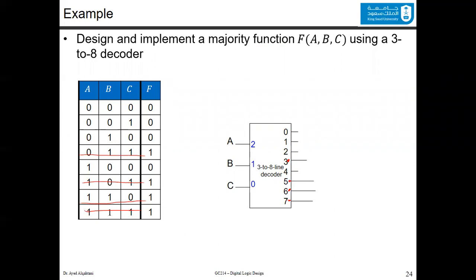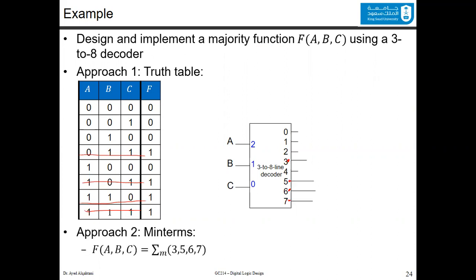You just need to OR them. So we will do it by the first approach. You know the min-terms are 3, 5, 6, and 7. So you will collect those and add them in a 4-input OR gate to get the function f. And you can see how simple this is using a 3 to 8 line decoder.